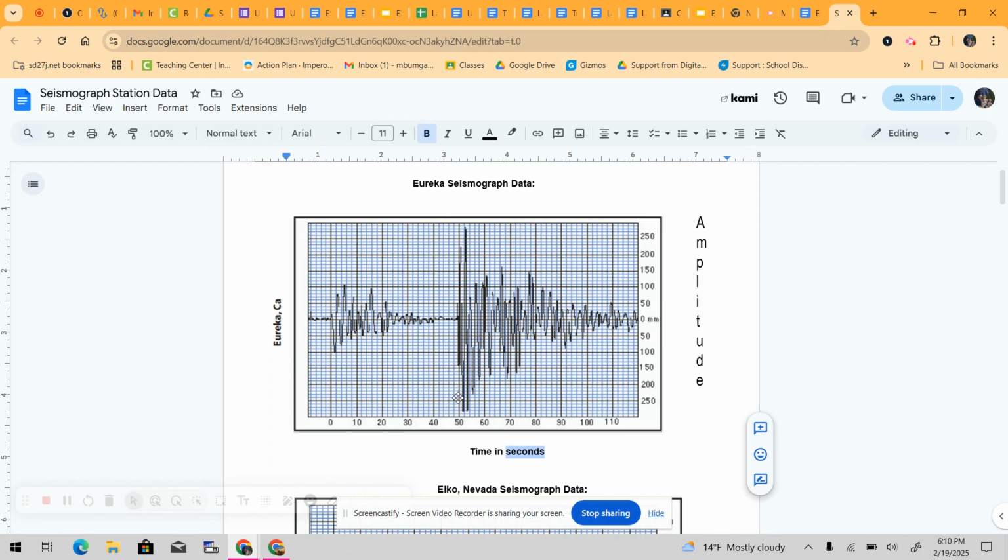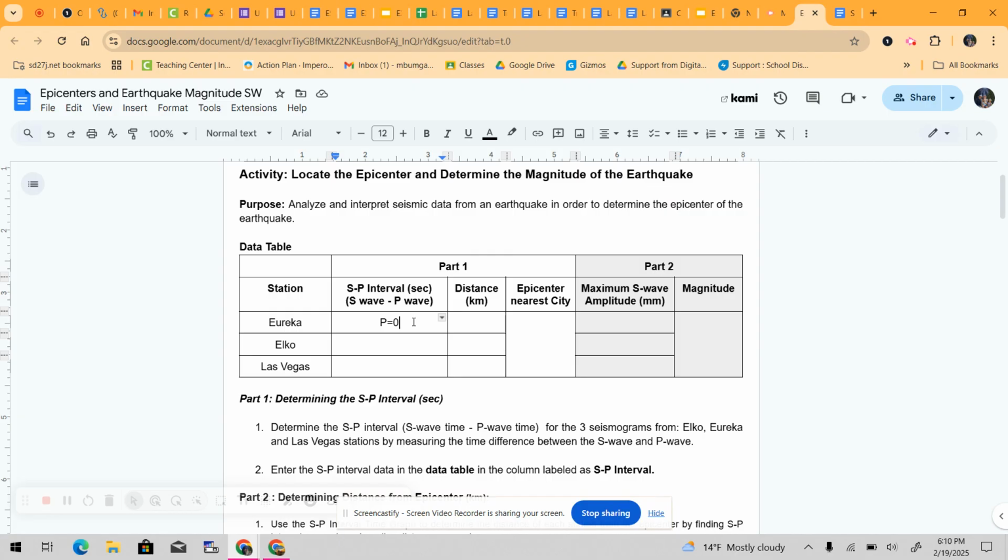It kind of falls right between this last blue line before 50 and then the 50 mark. Because these blue lines go up by 2, we're going to call the start of the S wave 49 seconds. So here, I can come back in my data sheet and I'll say S is equal to 49 seconds.